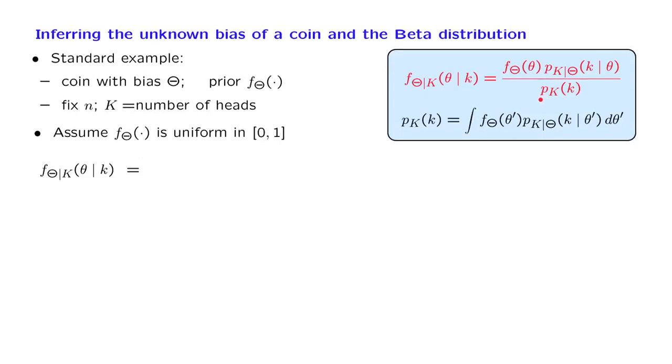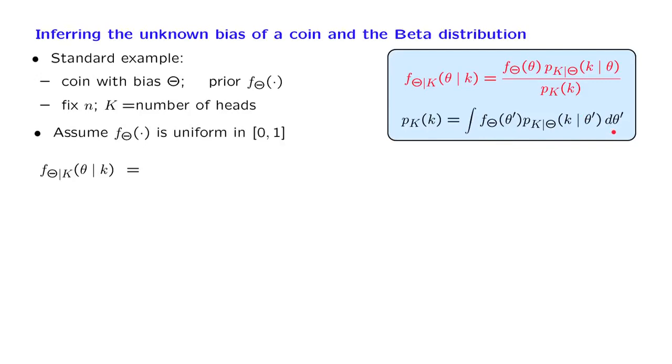As always, the denominator term is such that the integral of the whole expression over theta is equal to 1. This is the necessary normalization property. And because of this, this denominator term has to be equal to the integral of the numerator over all theta, which is what we have here.